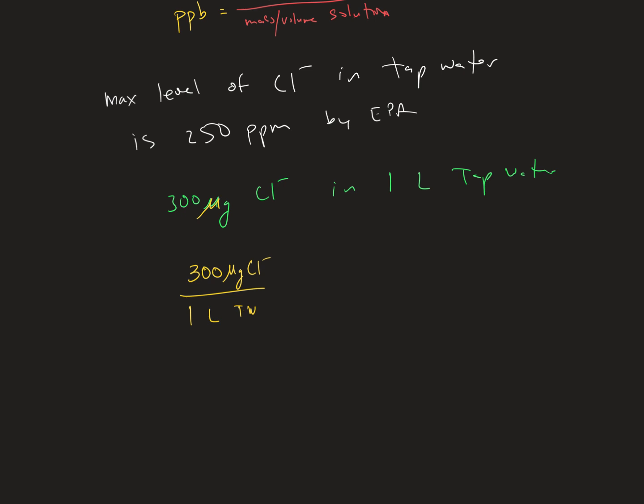I can multiply by a million, or let's hold off a minute, right? Let's make sure we have the right units. What do you want to convert micrograms to? Grams. So 1 million micrograms is the same as 1 gram. Good, that goes away. And I should say this is chloride.